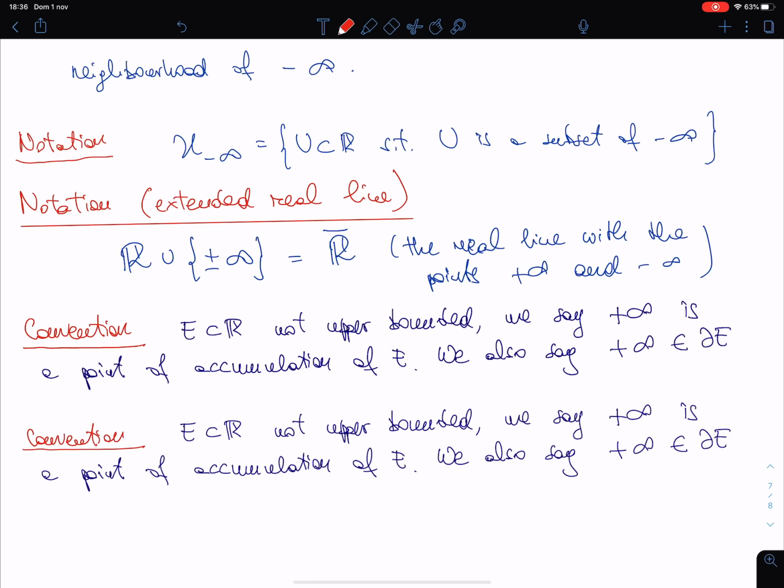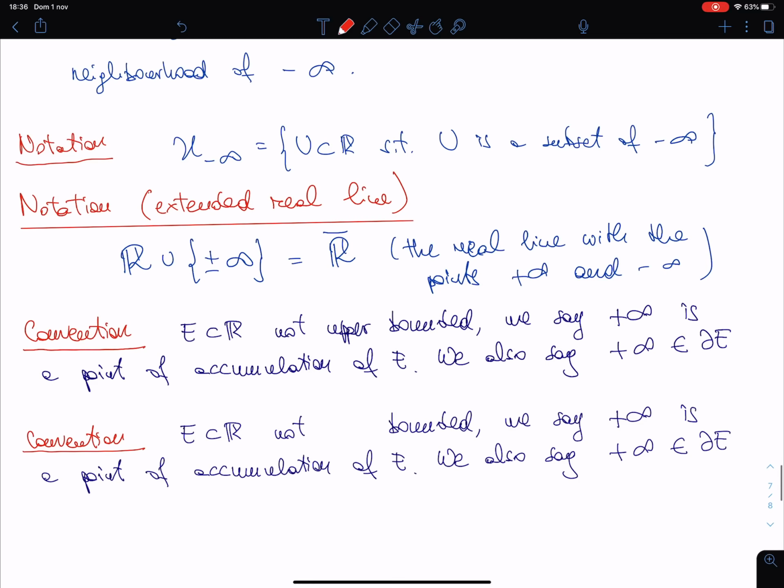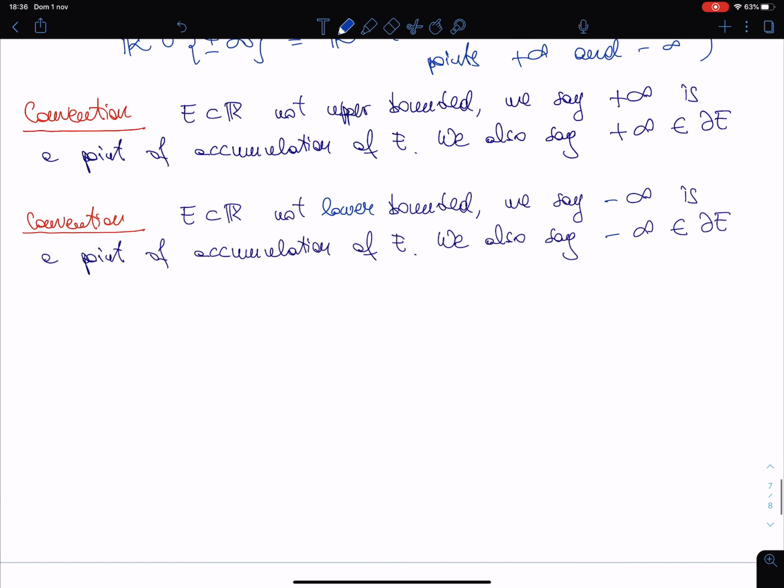If E subset of R is not lower bounded, then we say that minus infinity is a point of accumulation of E, and we also say that minus infinity belongs to the derived set of E. And now we go to the definition I was about to state some minutes ago.